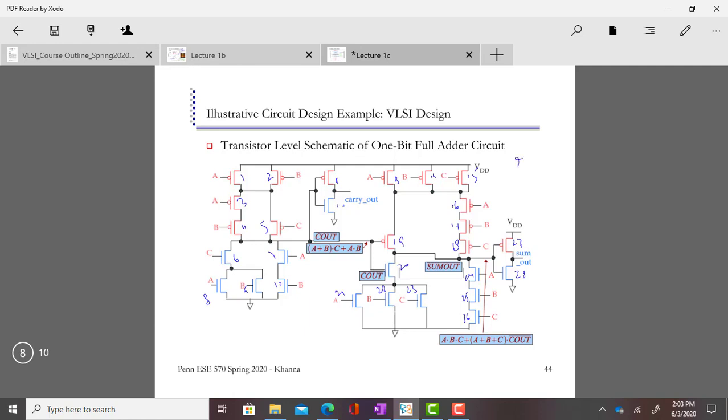So we need 28 transistors for a full adder, and a full adder can add just 1-bit numbers. What if I say I need a 32-bit full adder?